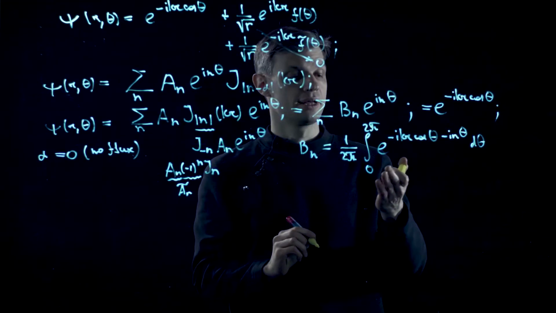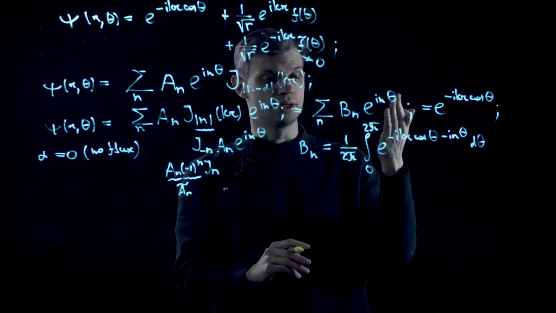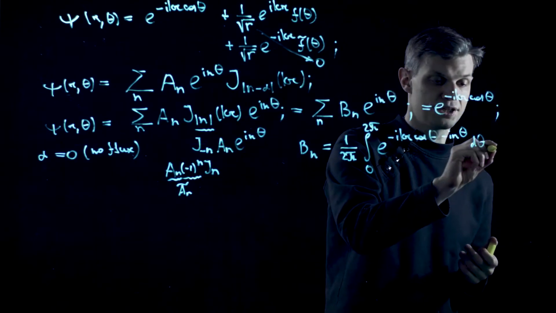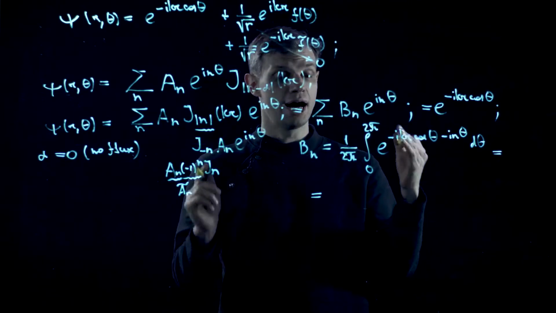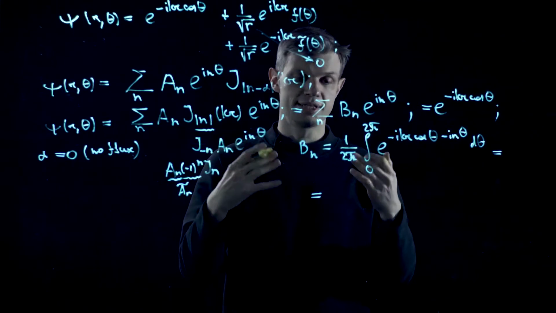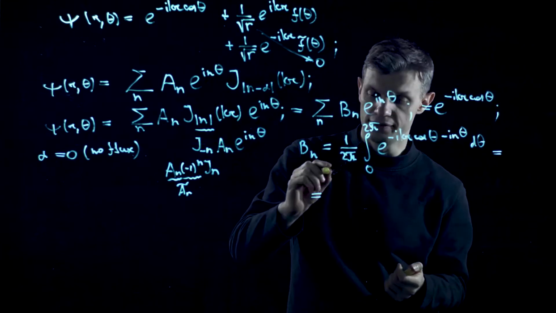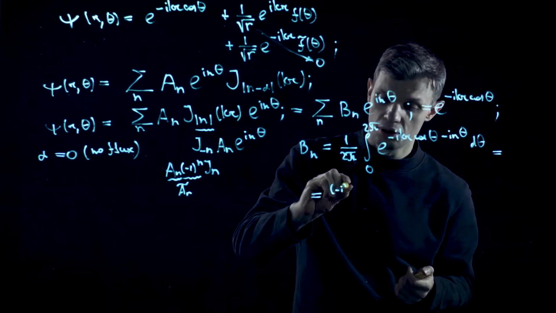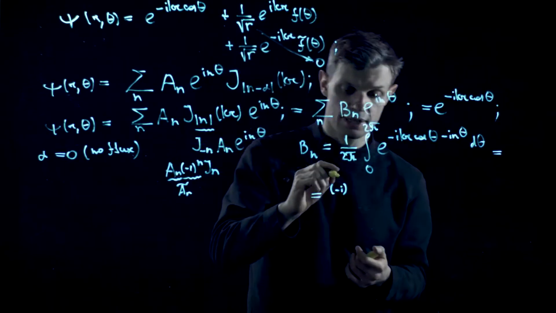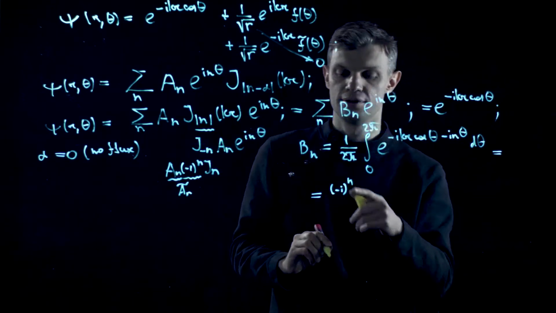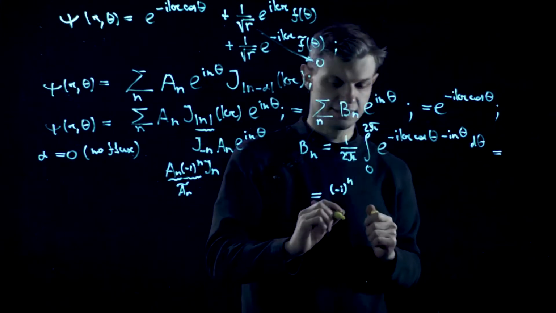And not surprisingly, this is a trivial integral representation for the Bessel function. Hopefully you easily recognize it, up to some simple factor. You can easily convince yourself that it's true, or otherwise you can look up the supplementary materials to the lecture. So it's basically a Bessel function up to this negative i to the n prefactor.